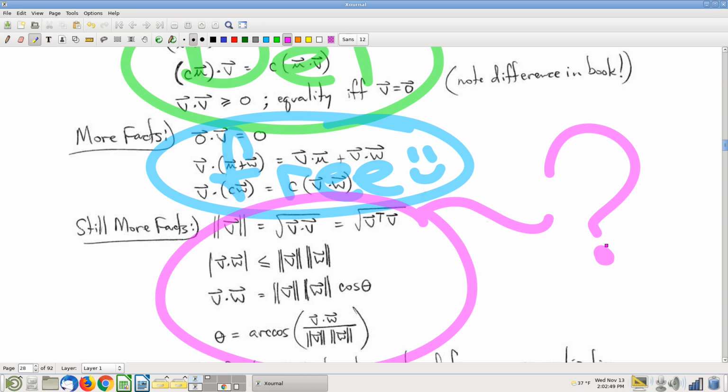And the answer is, it doesn't make any sense. I can't check if an inner product connects as it should to length in a context where I have no notion of length. Right? That's the problem. There is no pre-existing notion of length or angle in these other inner product spaces.